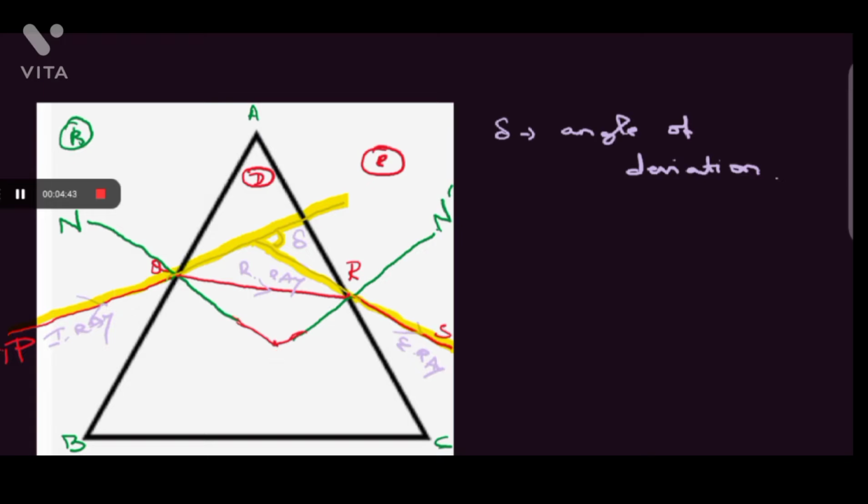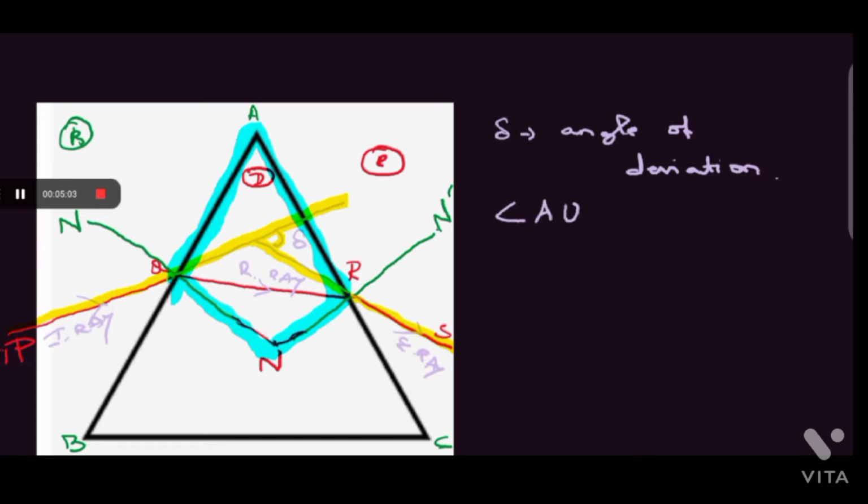So this normal is called N, and it forms, as you can see here, A Q N R. What is this AQNR shape? AQNR is nothing but a quadrilateral.